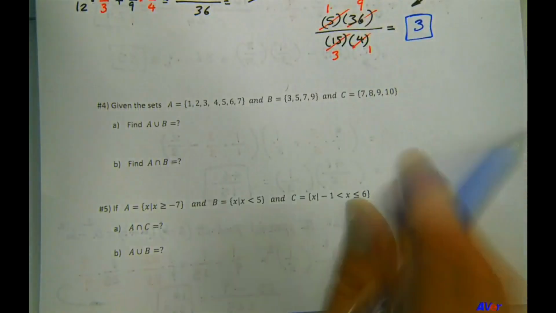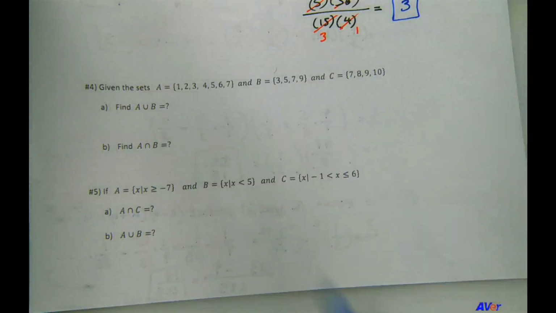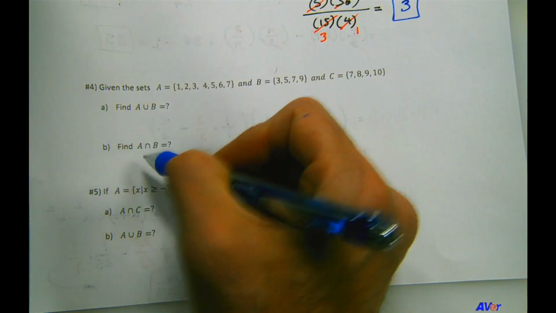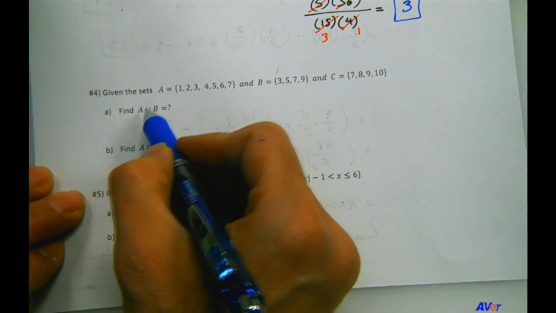Okay, so sets and their notations. These are very important because they keep coming up again and again, these set notations, union and intersection. What you see here, this symbol is called the union.